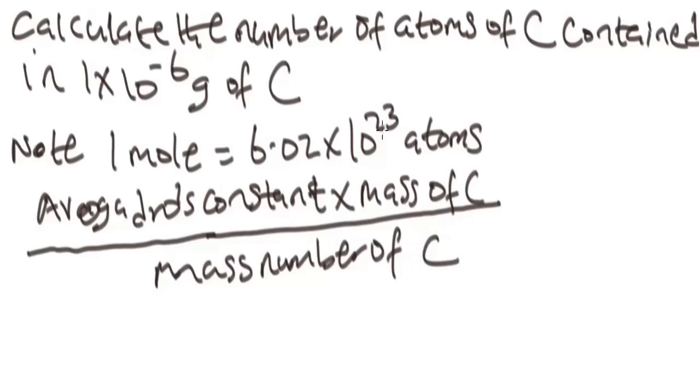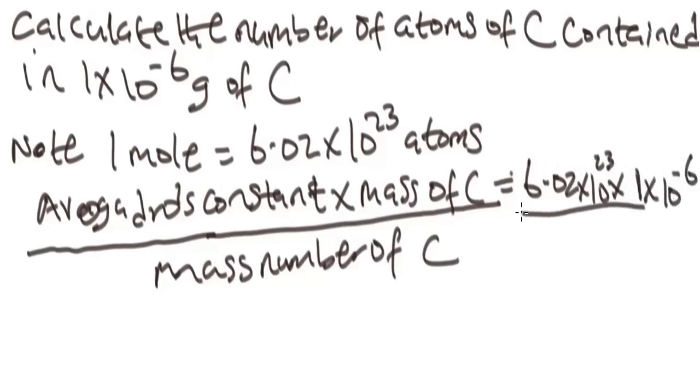So when you substitute, the Avogadro's constant is 6.02 times 10 to the power 23, times the mass of carbon here, which in this question is 1 times 10 to the power -6, over the mass number of carbon, which is 12, just like the mass number of oxygen is usually 16, hydrogen usually 1, and that of carbon usually 12.